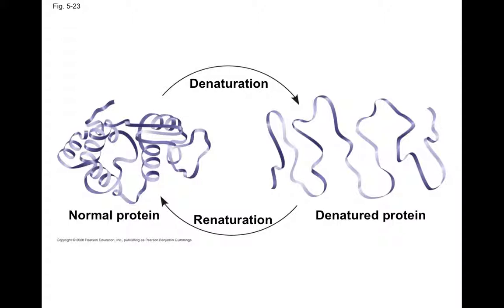However, you can restore those environmental factors and restore it back to the natural protein, which actually is pretty amazing, considering a protein can fold many different ways, but it just so happens to fold this way. But we'll talk about that a little bit. But yes, you can denature it, take it away from the shape it's supposed to have, and then renature it, and it goes back to normal.